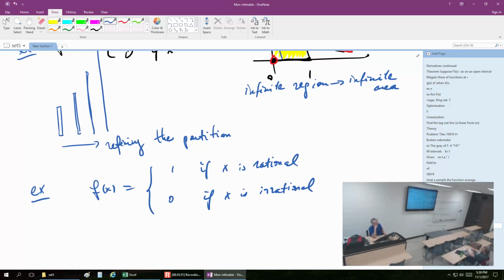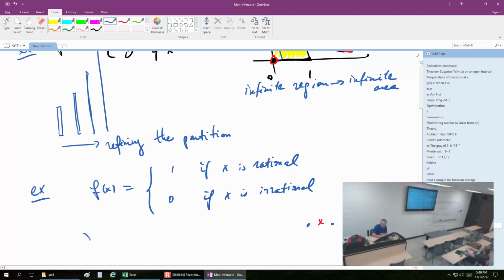Why? Because the rational and irrational numbers are intermixed. If you take two rational numbers, there will always be an irrational number between them, and vice versa. So that gap of values 0 and 1 will never be breached, and there is always a sequence. This is how we see the discontinuity.